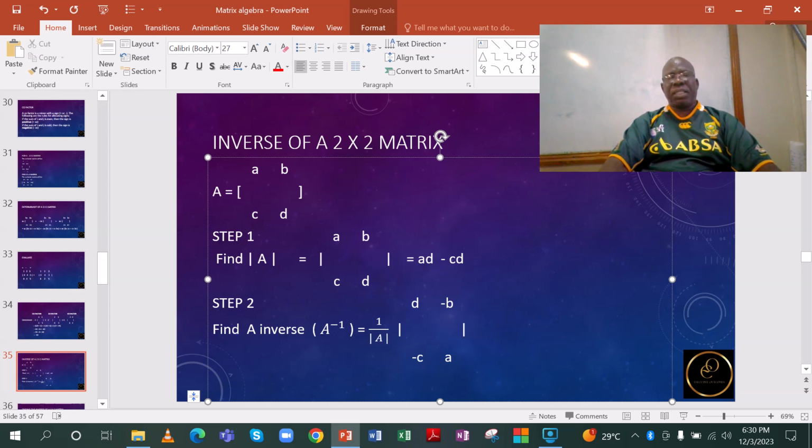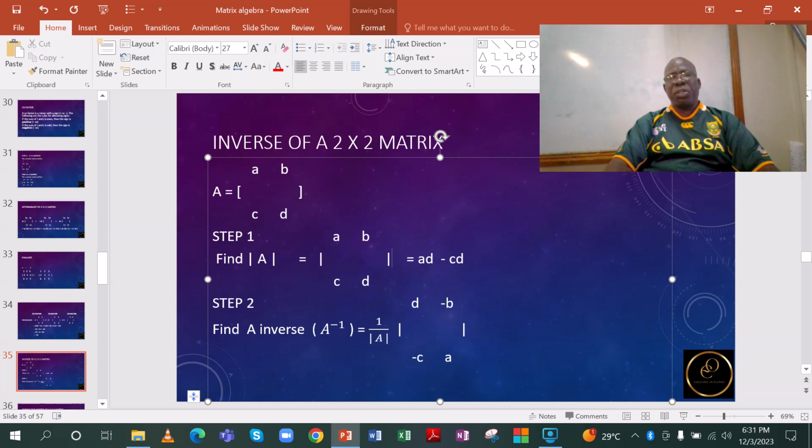Second step, we get the inverse of A matrix. The inverse of A matrix is obtained by getting the inverse of the determinant multiplied by the matrix where the downsloping diagonal elements change position. So you can see where A was is taken by D, and where D was is taken by A. Then the upsloping diagonal is maintaining the positions, only that it changes the signs.